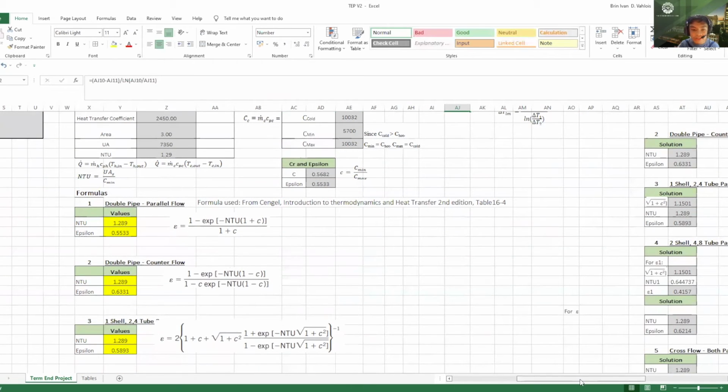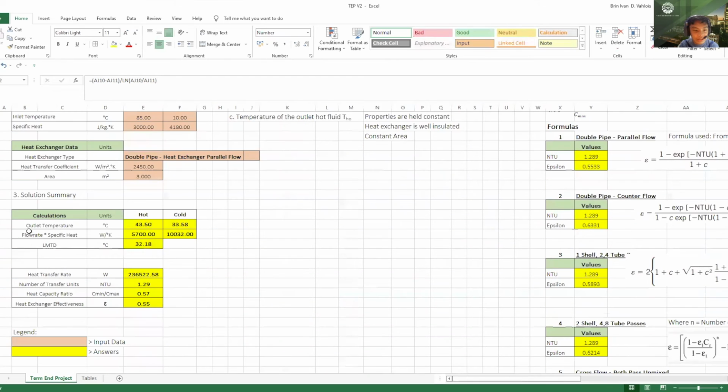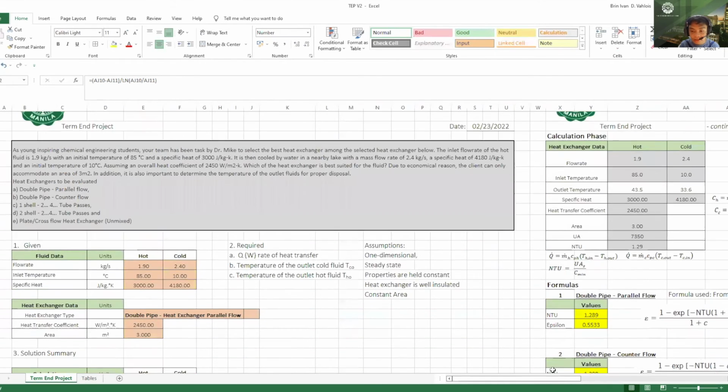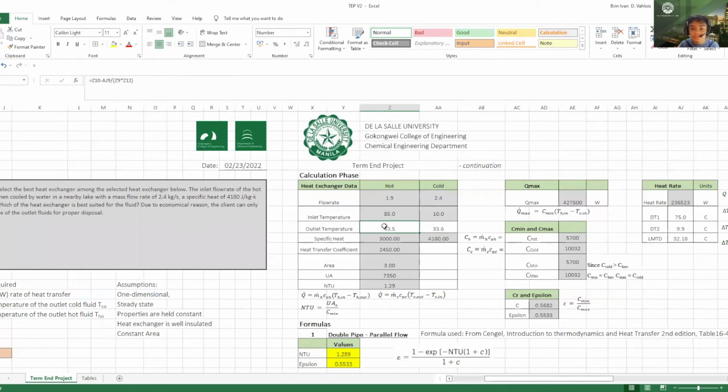Okay? Once we get the value of that, we can now summarize in the solution summary. For the outlet temperature, it can be solved by the mass flow rate of H times CPH times TH in minus TH out, while TC out can be computed by Q is equal to mC times CP cold times the quantity TC out minus the quantity TC in.